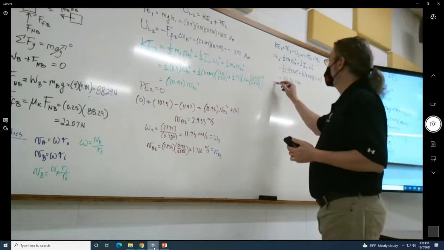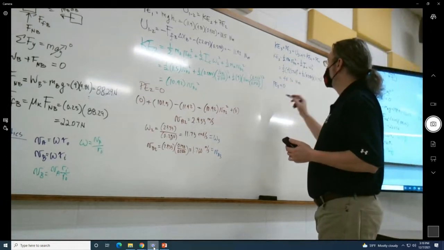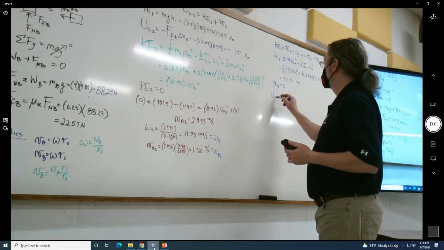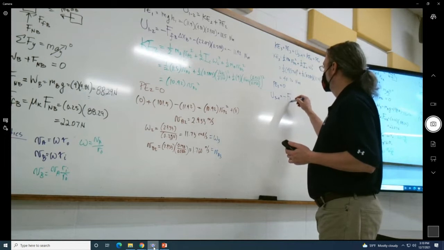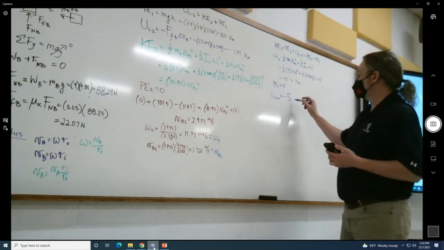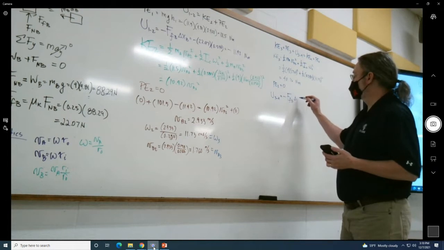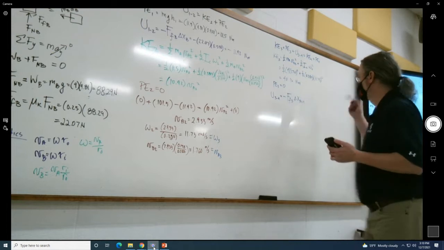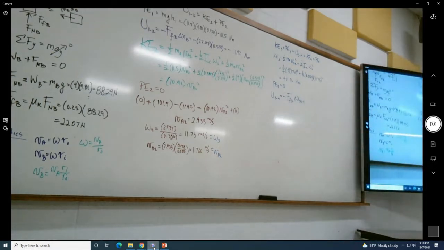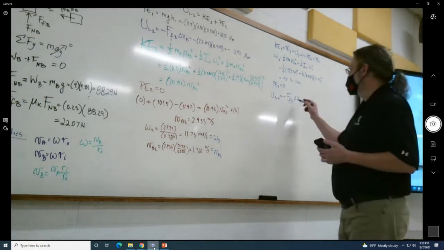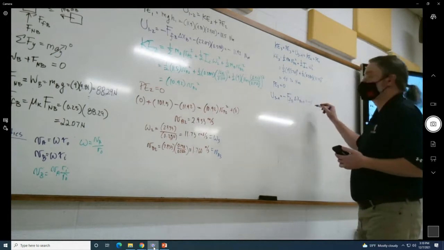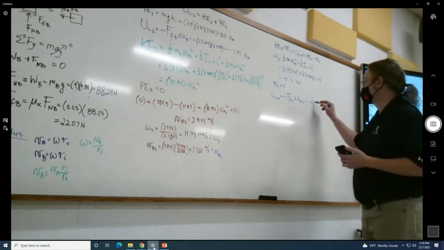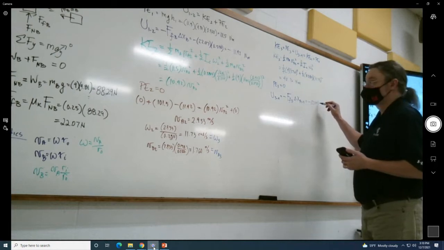And the potential energy at state 3 is equal to 0. The work done between 3 and 4 is going to be the friction of B times delta x B, 3 to 4. This is it kept moving, and this is really what we're going to solve for. So this is a negative 22.07, and this is what we're looking for.